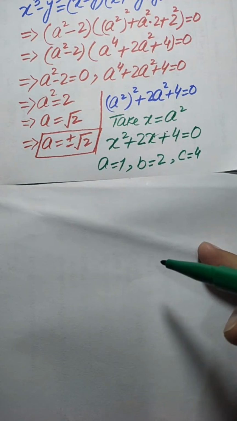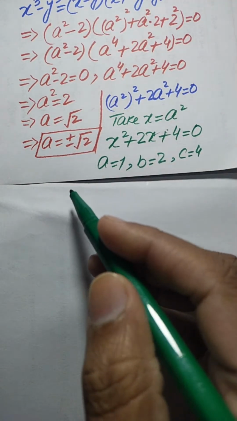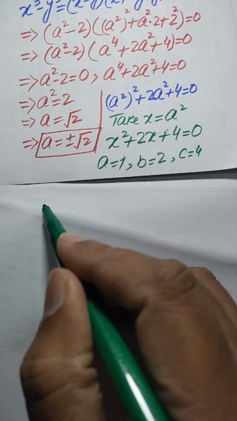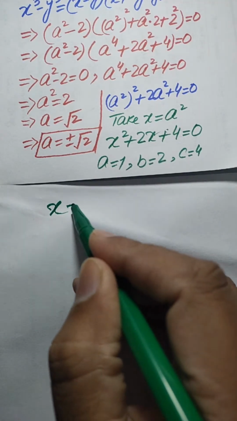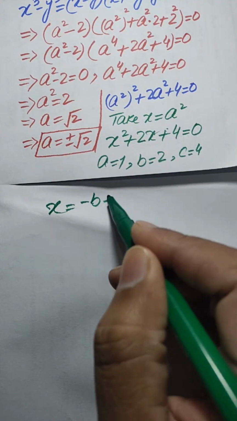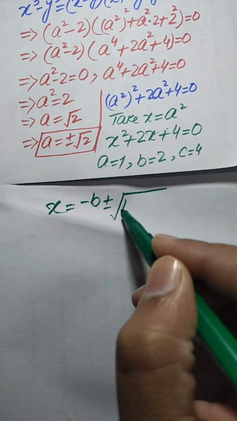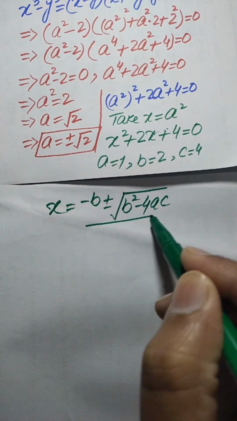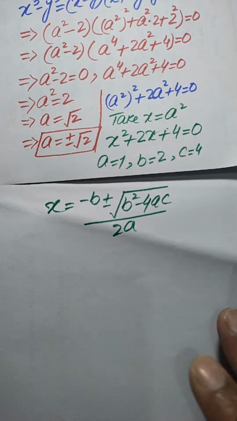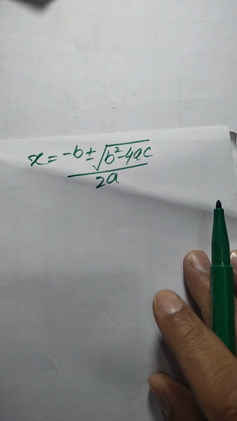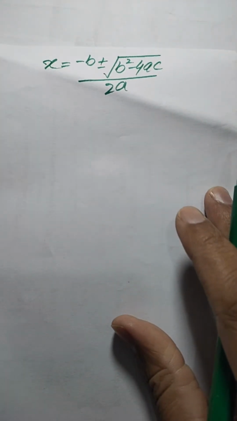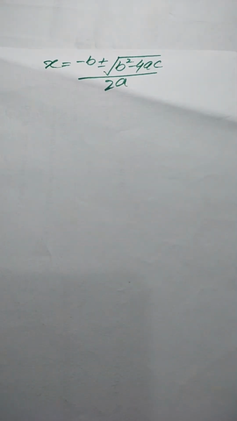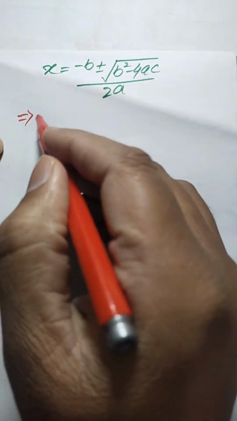So these are the coefficients of this equation, and we state the quadratic formula as x is equal to minus b plus minus square root of b square minus 4 times ac, divided by 2 times a. Here we need to substitute the values of a, b, and c.